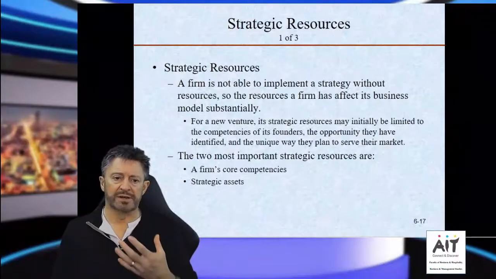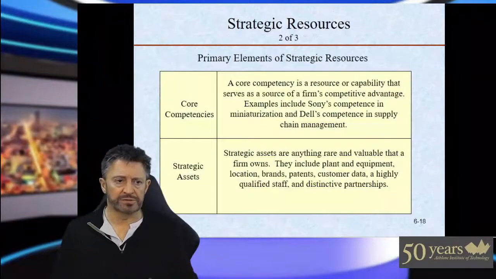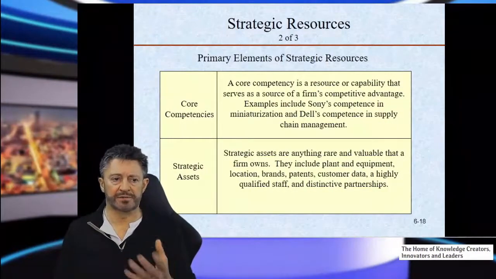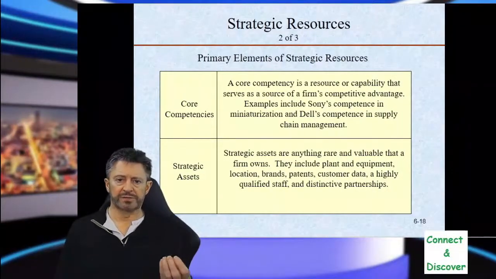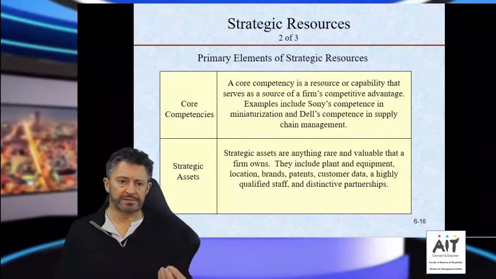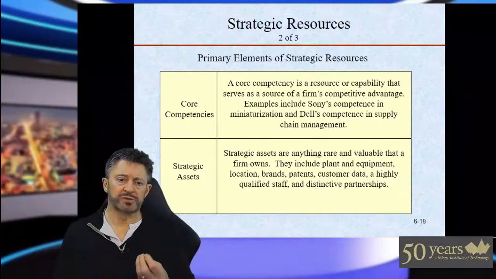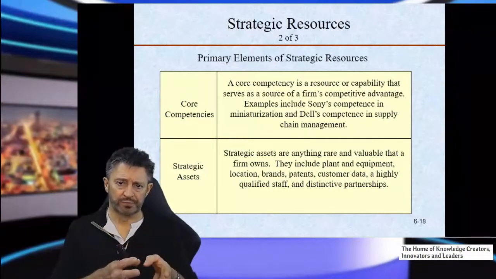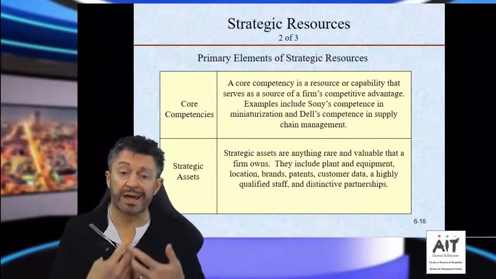So those elements that you already have or not can form your strategic assets. Strategic assets are anything rare and valuable that a firm owns: the intellectual property, how the product is made, the technology used, the idea itself, the process of manufacturing. You might change something in the manufacturing process that's unique to you, and that becomes your intellectual property, and you hope that your competitors don't find out how you're manufacturing.